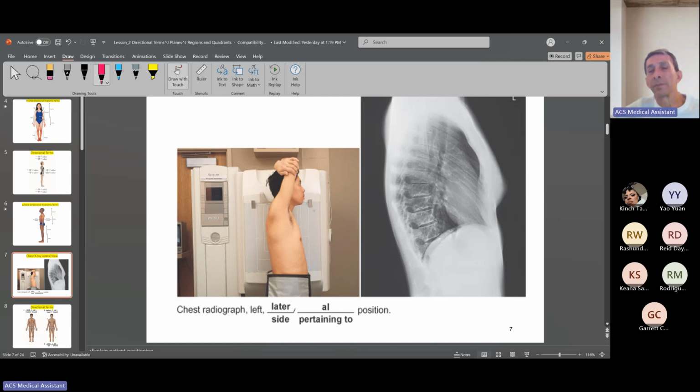So once again, I need to know where to position the patient. Draw blood from the left side of the arm or the right side. Apply the electrodes doing an electrocardiogram on the left side, on the anterior part, on the chest area.